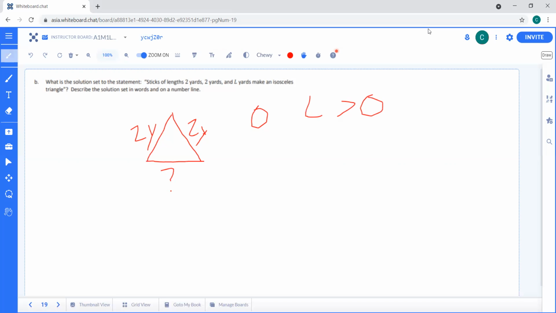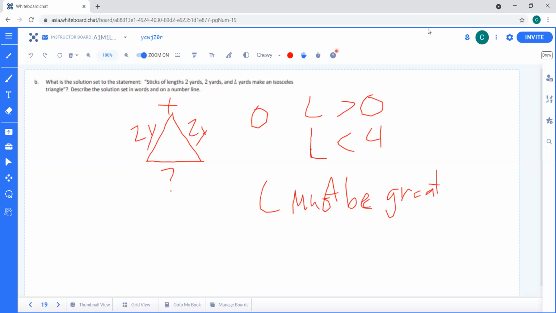Okay. But if you know properties of isosceles triangles, if you add these two numbers, the other one has to be less than the sum of the sides. Okay. So that's what we would say. L must be greater than 0, but less than 4.